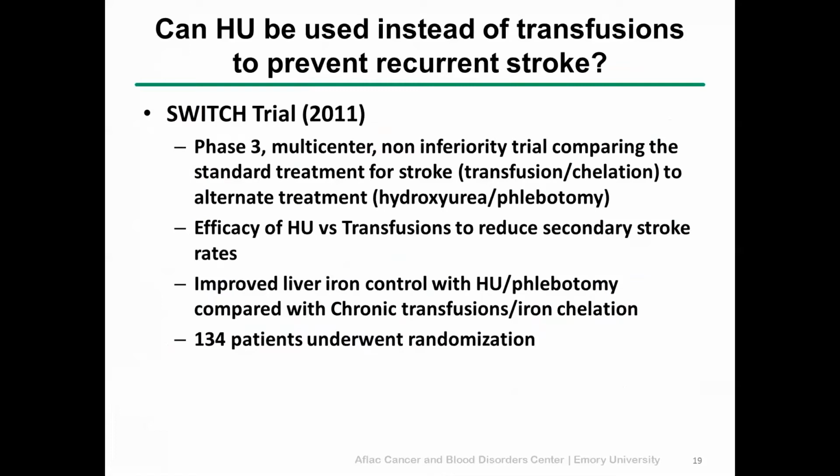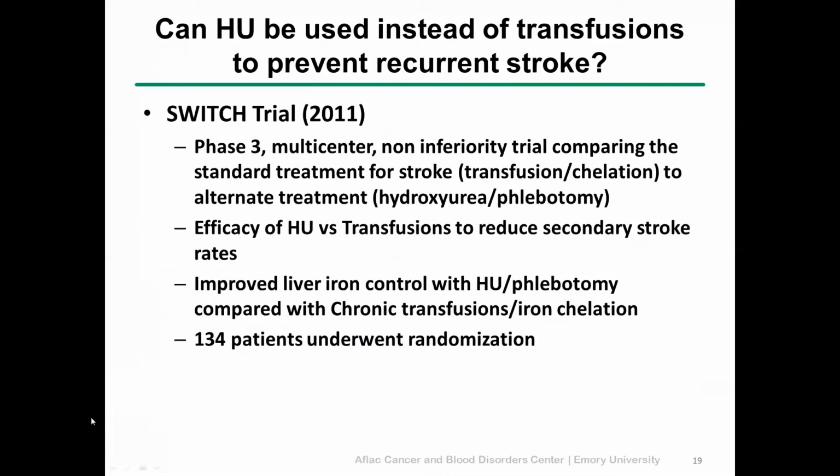The hope was that hydroxyurea would be as good or almost as good as the transfusions, and that it would have another benefit: besides not needing so many transfusions, it would also lessen the amount of iron overload that the patients had from continuing to be on transfusions.